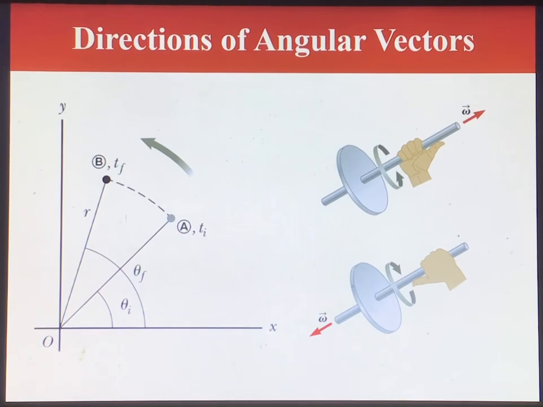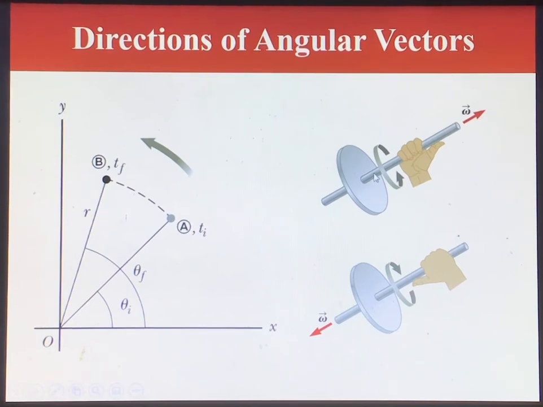All right, so let's talk a little bit about the directions of angular vectors. If you look at these two pictures, you can see that in the first picture, the rotation is in the counterclockwise direction. Meanwhile, in the second picture, the rotation is in the clockwise direction.